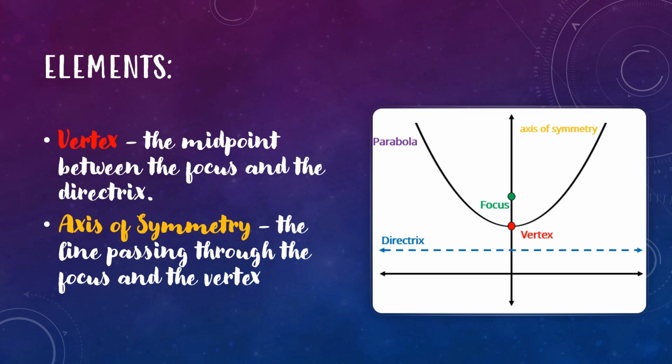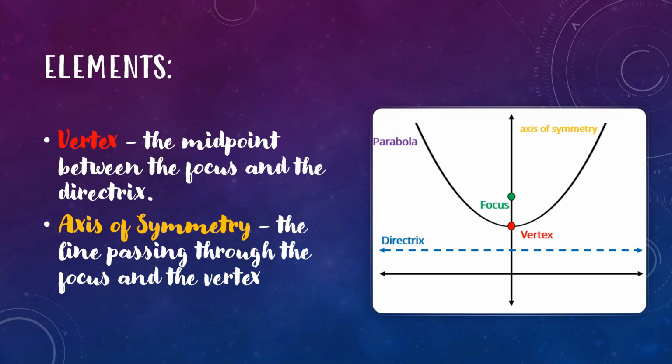Okay, so we have here vertex. So vertex is the midpoint between the focus and the directrix. So that red point there is the vertex. Since it is a point on the parabola, its distance from vertex to focus and vertex to directrix are equal, because again any point on the parabola is equidistant to the focus and directrix.